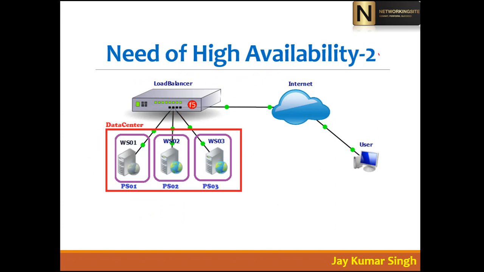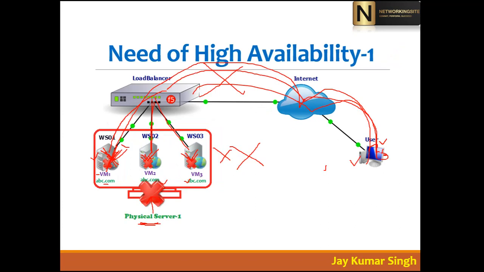So let's talk about availability solution 2. Now you tell me which one is best. In some conditions, say 10%, this solution is also okay. Maybe you have one physical server and inside it you hosted three servers.